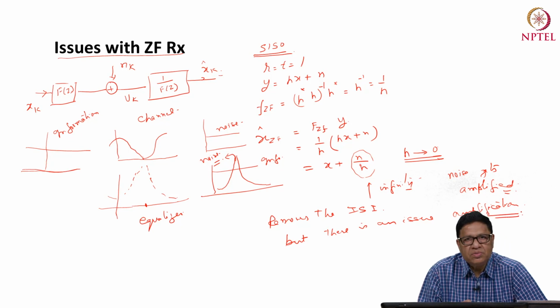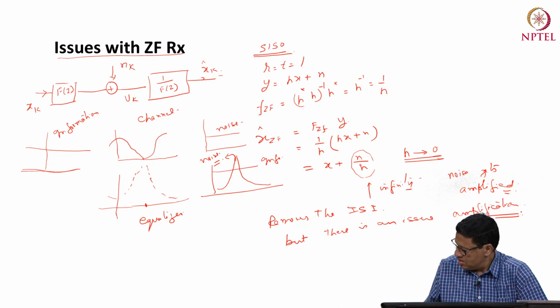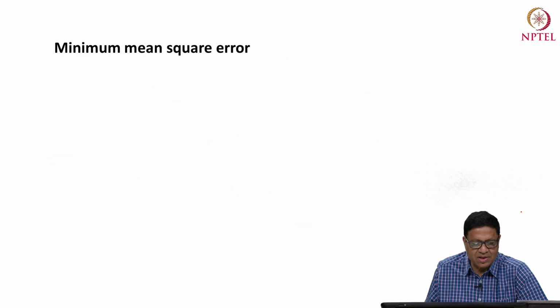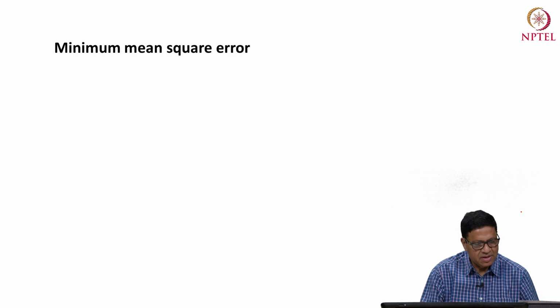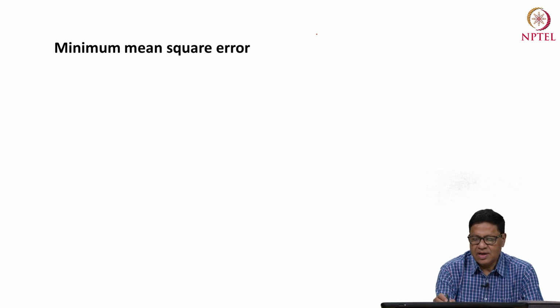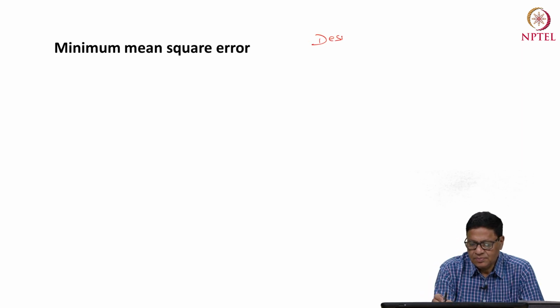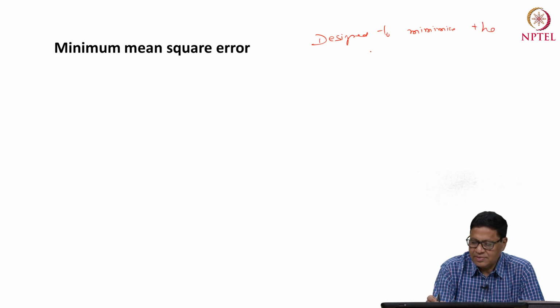So how do you solve such a problem so that the noise does not get amplified? For that we use another receiver, which is called minimum mean square error. It is designed to minimize the error variance.